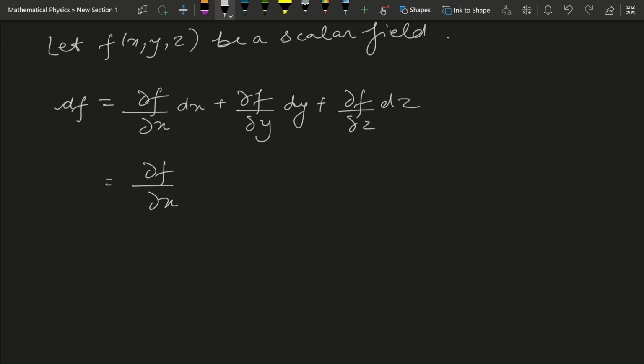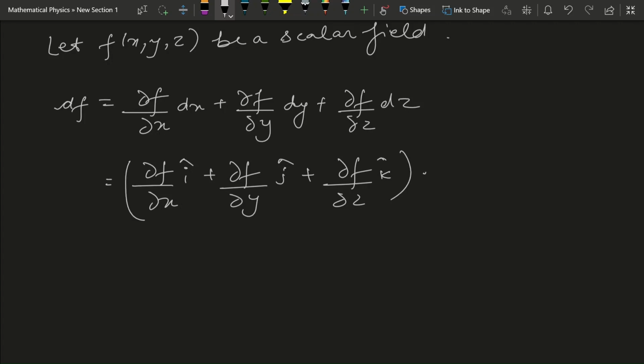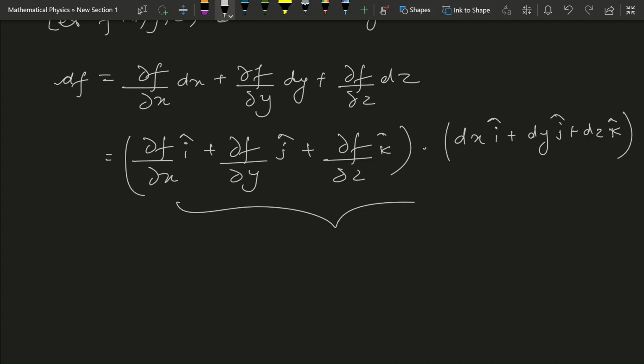Okay, and from this I'm gonna do some changes in this expression. So I will write it like this. This is the first part, and this is the second part. What I have done, these two expressions are the same. This is just the dot product of, what is this?